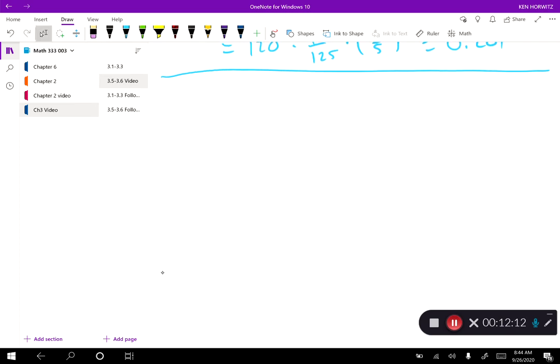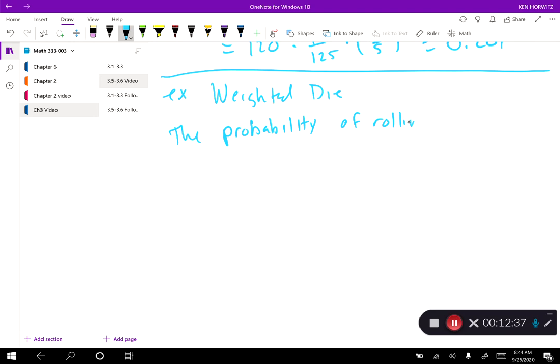All right, so let's go to our next example of weighted dice, or weighted die. So the probability of rolling a 4 is 30%. Told you, these are weighted dice. These are not true dice, so our probability is not going to be our normal.